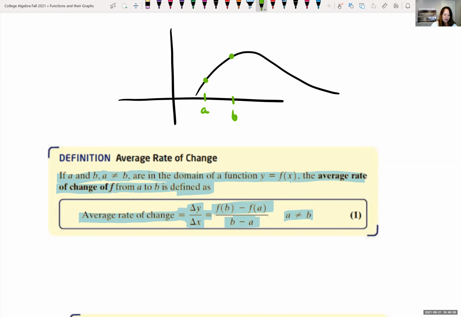And so I know that if x equals a, my y value I can express as f of a. And my y value at x equals b, I can express as f of b. So I have these 2 points, right? a, f of a and b, f of b.